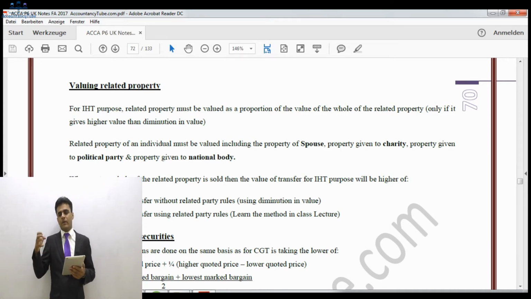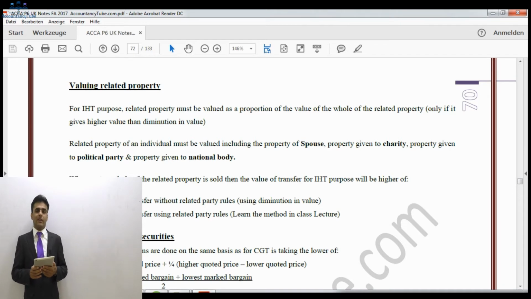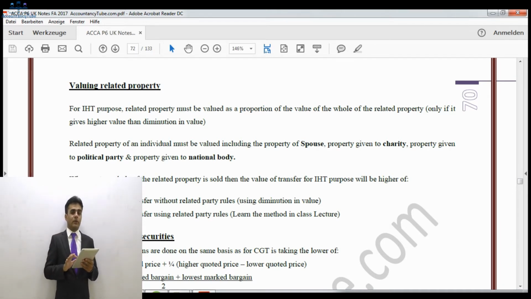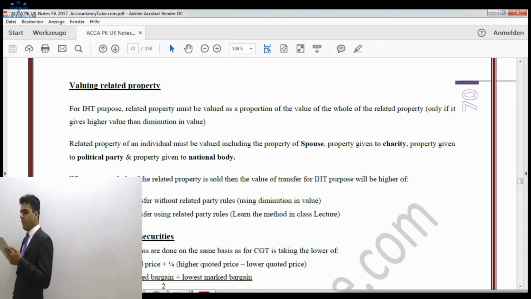If I hold 50% shareholding and I've given 10% to the charity, then that will mean that I hold 60% in that. So I'll use the share price at the rate of 60%. So whatever the share price of 60% is, I will use that one. Alright, and I will only use that if it gives higher value than the diminution value.